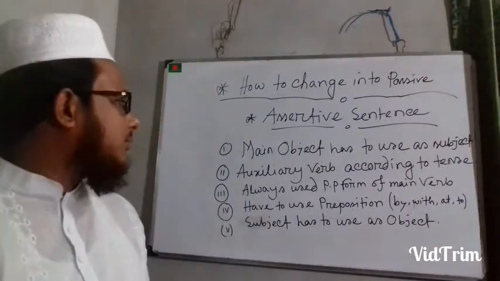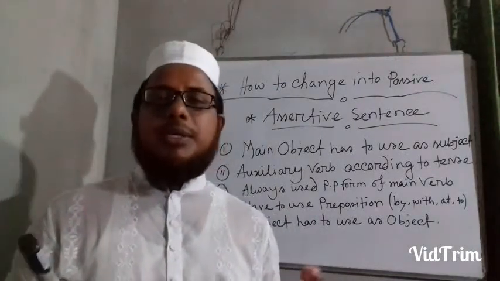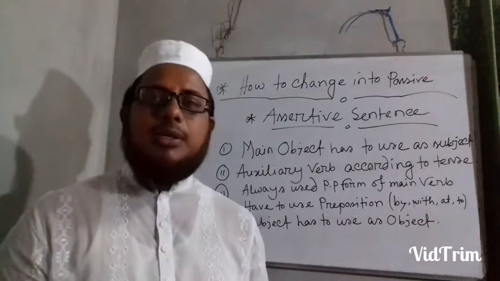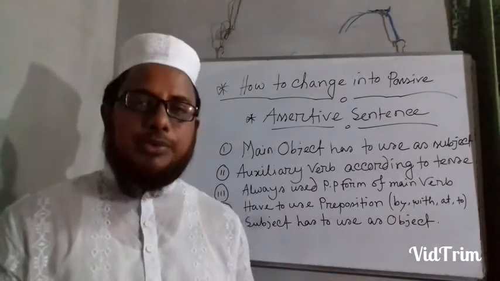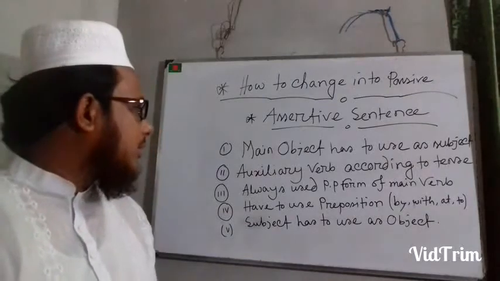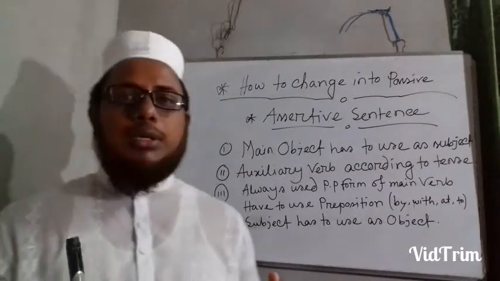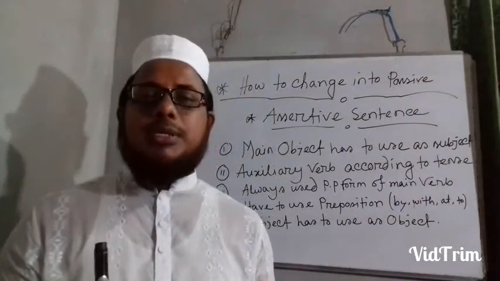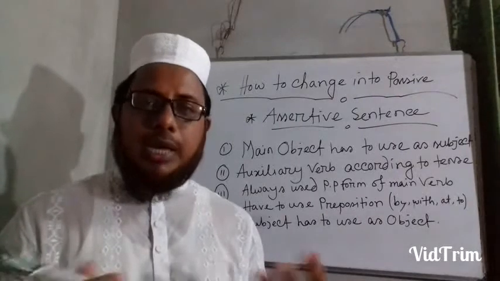Okay, past indefinite tense, was, were. Future indefinite tense, shall be, will be. The auxiliary verb used in the continuous sentences: am being, is being, are being.